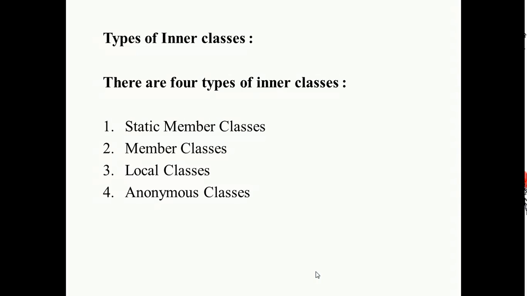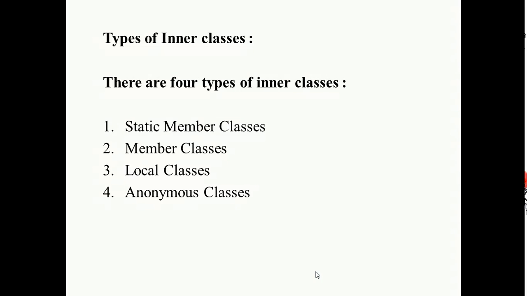Fourth is anonymous classes. This is a local class without any name, and this class is a one-shot class created exactly whenever needed, meaning it is created when it is needed.